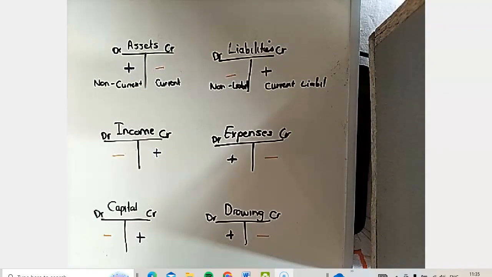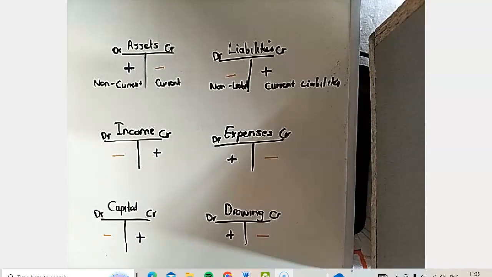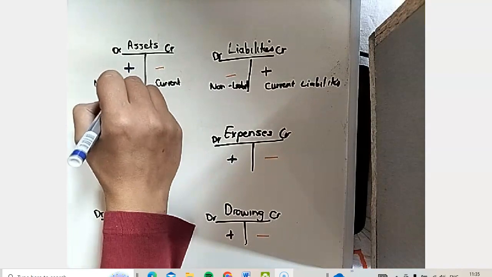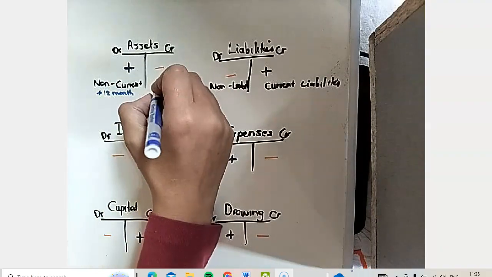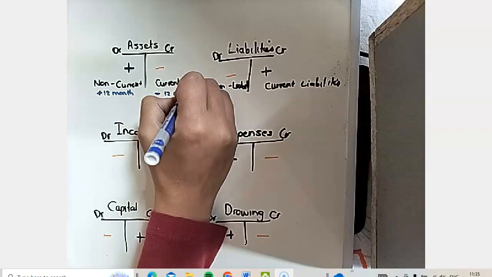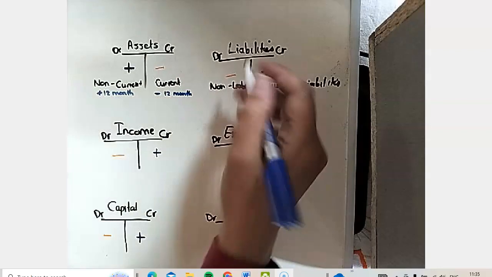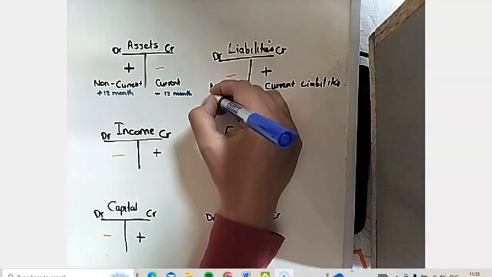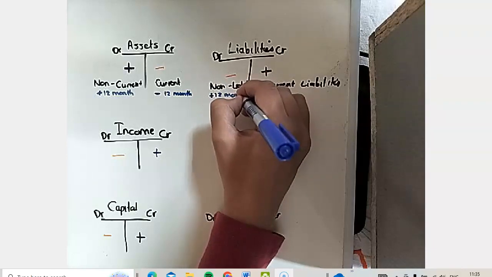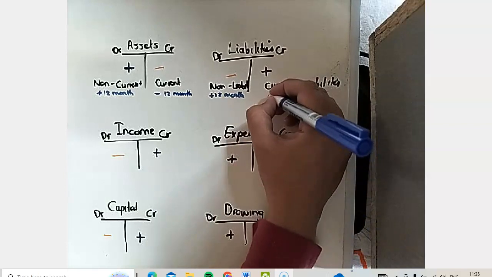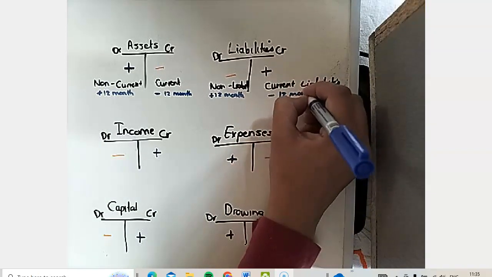Okay, that means non-current means longer than 12 months, so it's plus 12 months. Current is less than 12 months. Non-current liabilities are more than 12 months, like a mortgage loan when you buy a house, and current liabilities are less than 12 months.